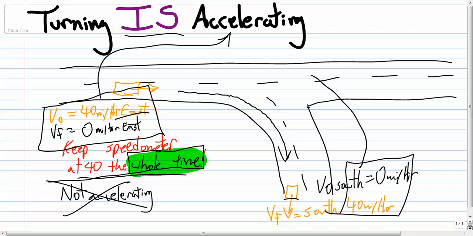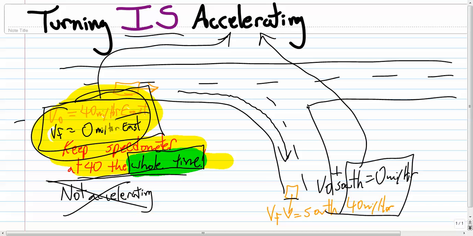So that means they accelerated. This number up here would be negative because the velocity went down, and this number down here would be positive because the velocity went up. But even though this person kept their speedometer at a constant 40 the whole time, their velocities did change. So that means they were accelerating.